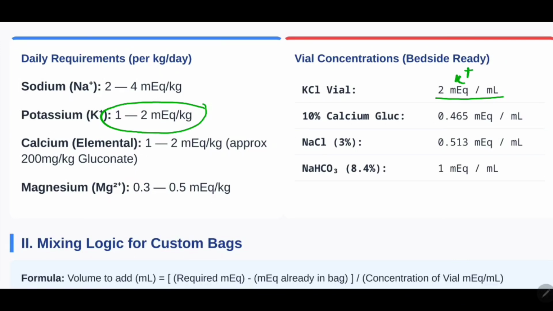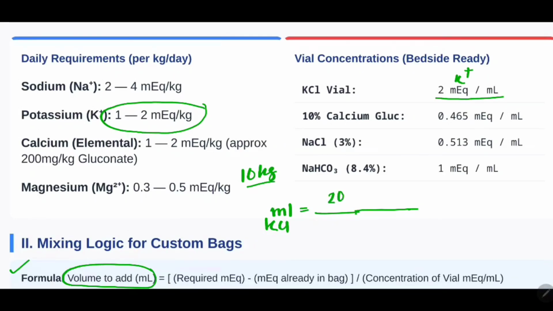So let's discuss how to add potassium to an IV fluid bag. The mixing logic for a custom bag is mentioned here. The formula is: volume to add in ml of potassium chloride equals required milliequivalent minus already in bag, divided by the concentration of the vial in milliequivalent per ml. Let's say for a 10 kg child, the required potassium is 20 milliequivalent.